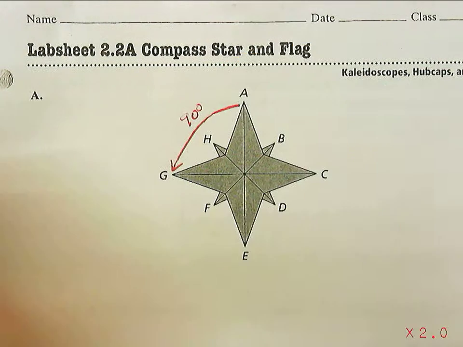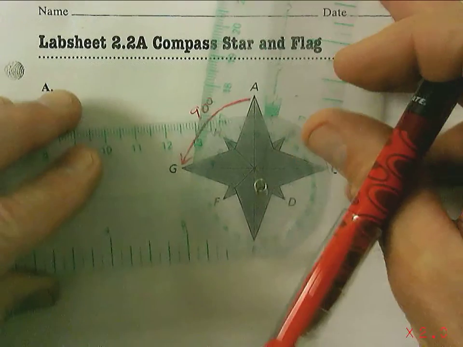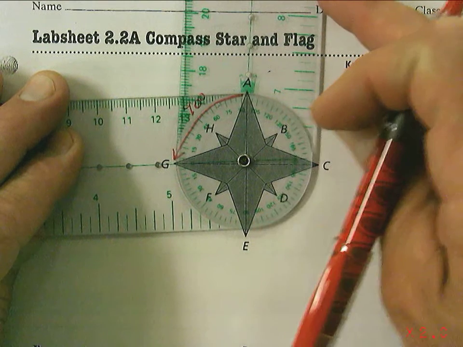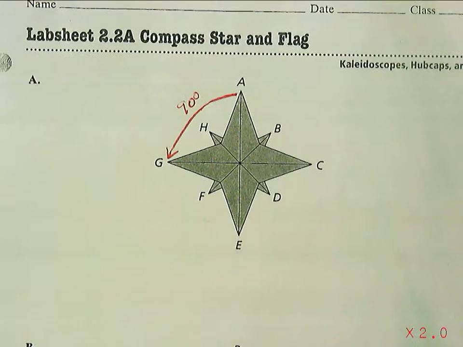If I take my angle ruler and go from one point to the next, that's a 90 degree, or right angle, to get from A to G. And so that's the smallest possible turn.